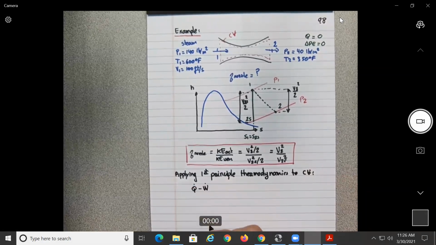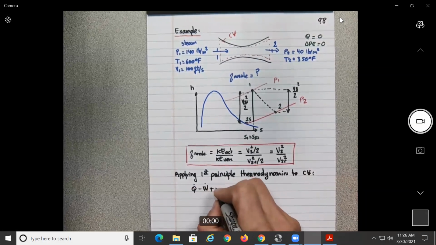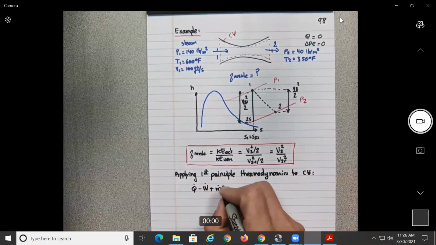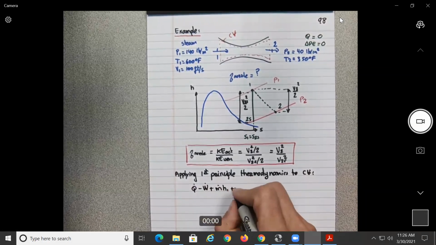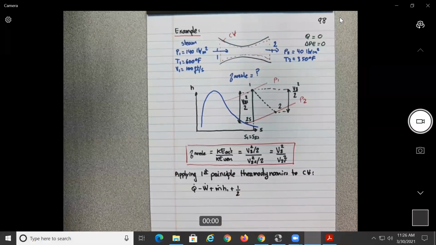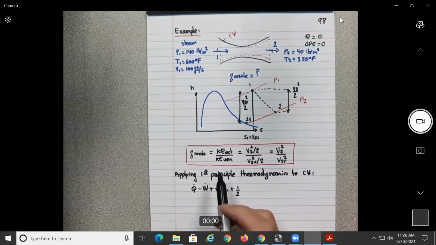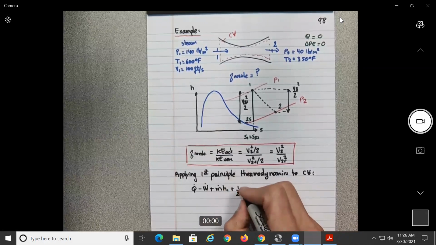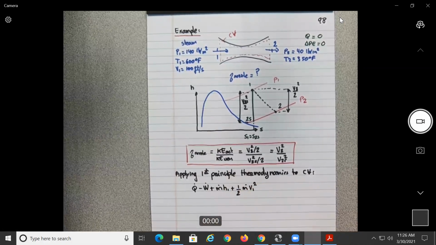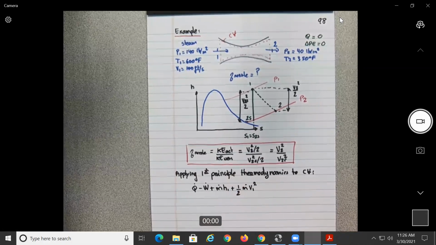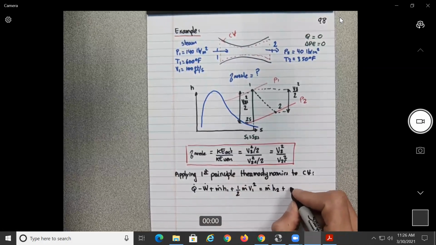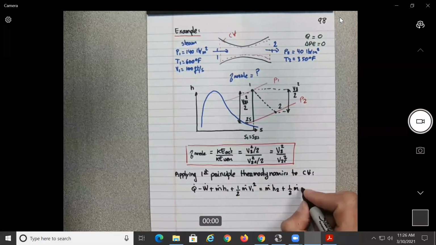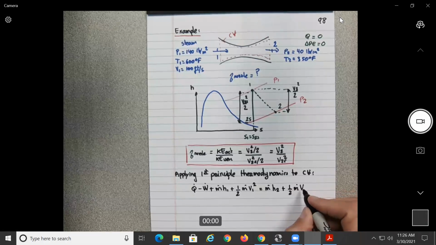Q dot minus power plus m dot h1, but now be careful, we're also going to have kinetic energy, plus 1/2 m dot V1 squared will be equal to what? m dot h2 plus 1/2 m dot V2.